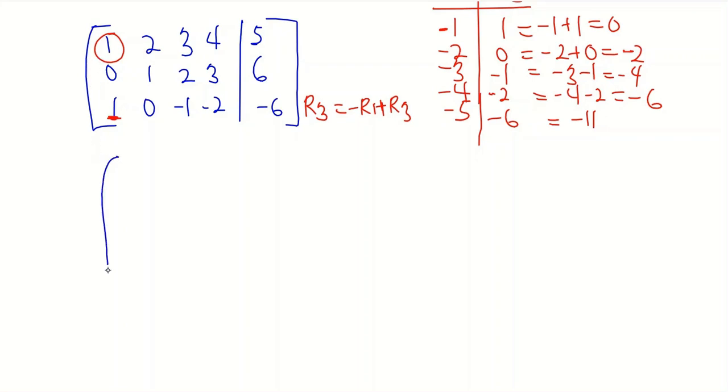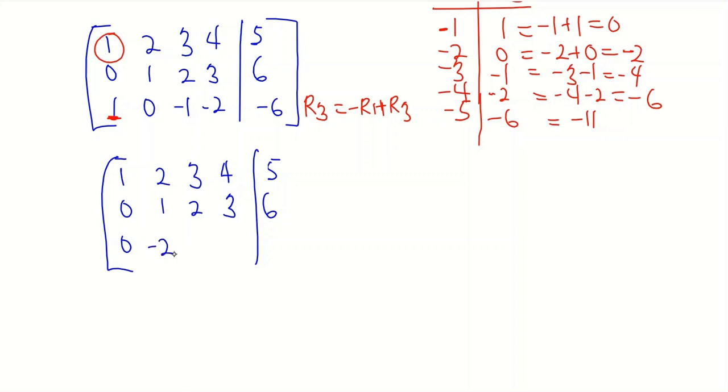And at this point we can write here as 1, 2, 3, 4, and we have 5. And then in row 2 you have 0, 1, 2, 3, 6. And in row 3 we now have 0 followed by minus 2, and we have minus 4, minus 6, and minus 11.